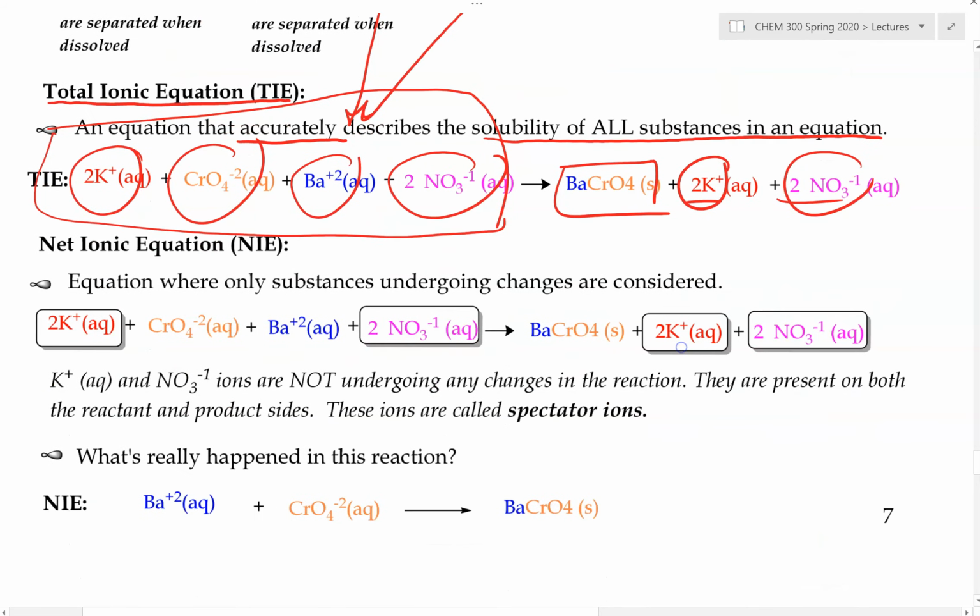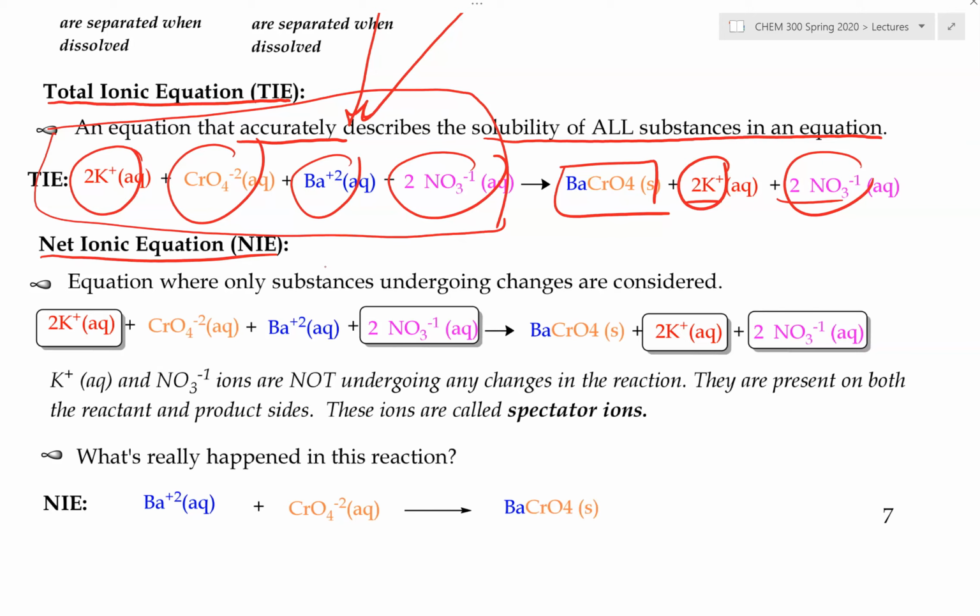Okay. So now, what is the net ionic equation then? The net ionic equation is abbreviated NIE. So what is going on with this net ionic equation? It is another type of equation that we can write, which can truly describe the changes that are happening in a chemical reaction.